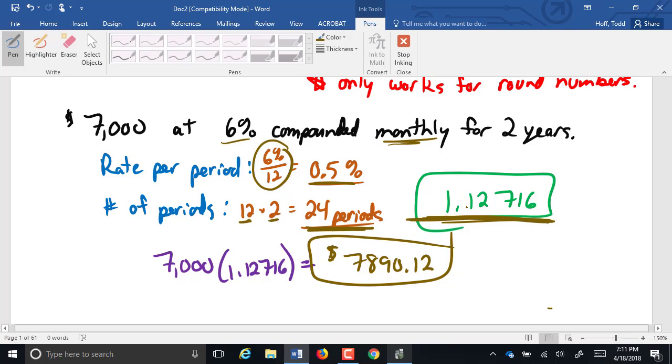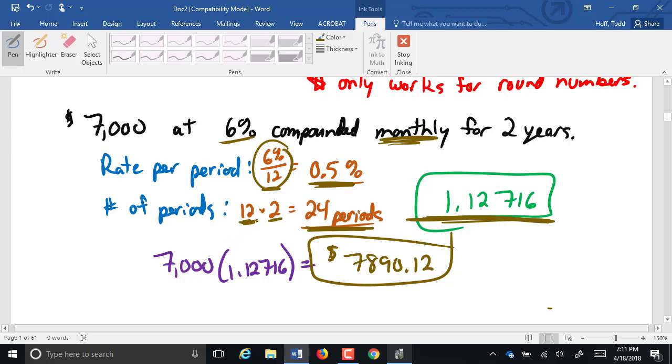You can just grab the number right off the table. So you found your rate per period, which is just your percent divided by the number of periods in a year. That gave you the 0.5. Then your number of periods is that N, the number of periods per year, times the number of years.